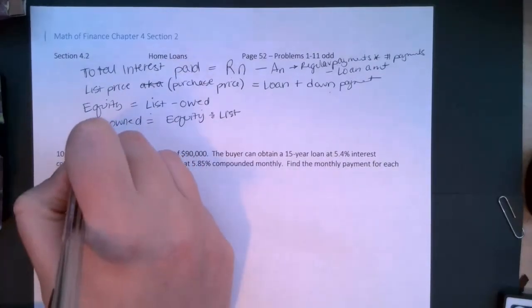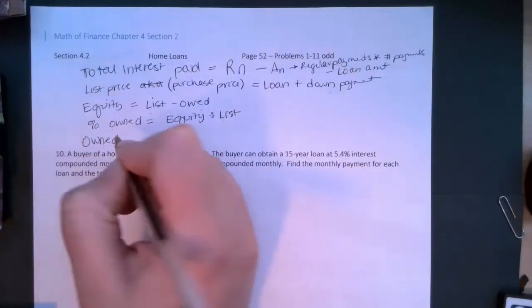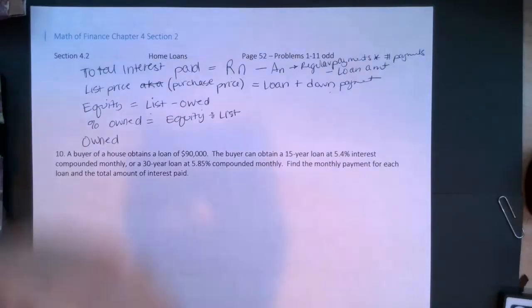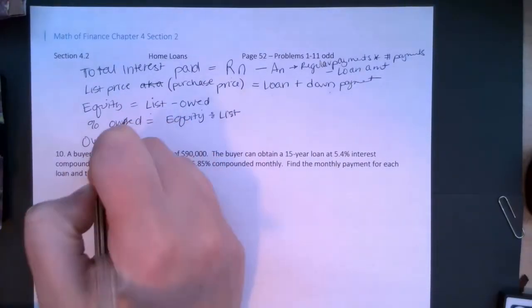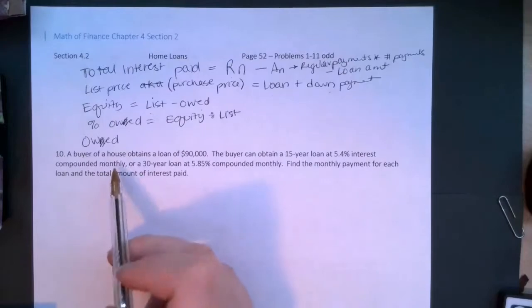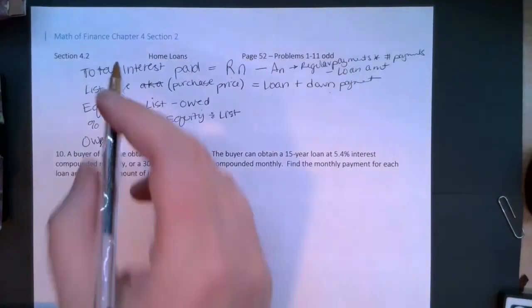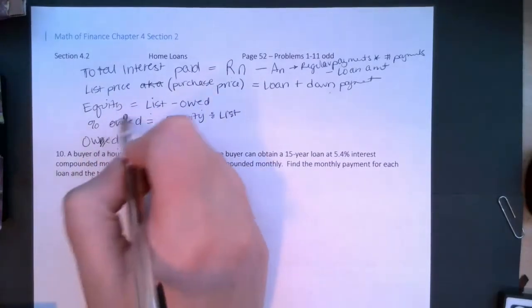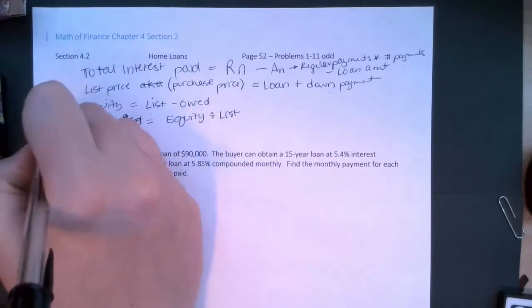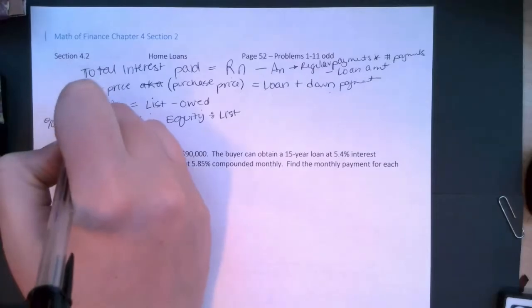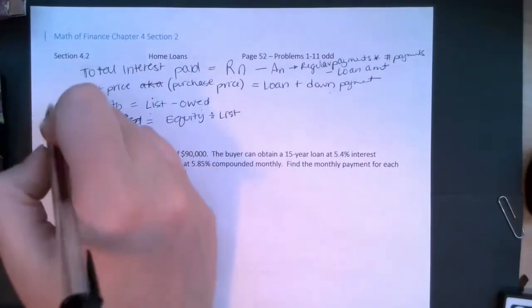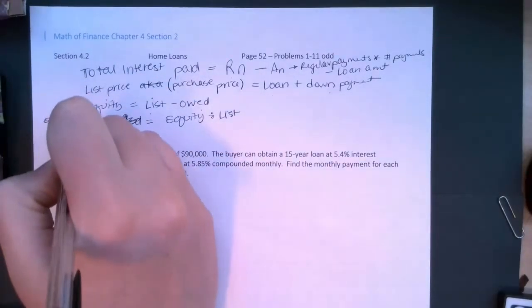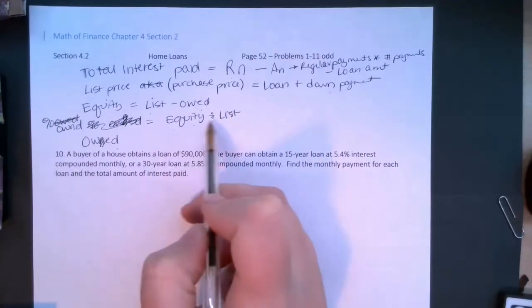Now, we've referenced this twice, but the amount that's owed, sorry, not owed, owned: percent owned equals equity divided by list.